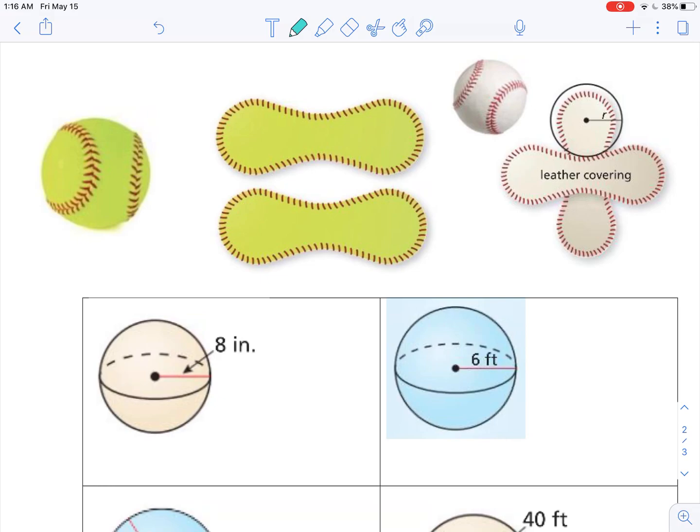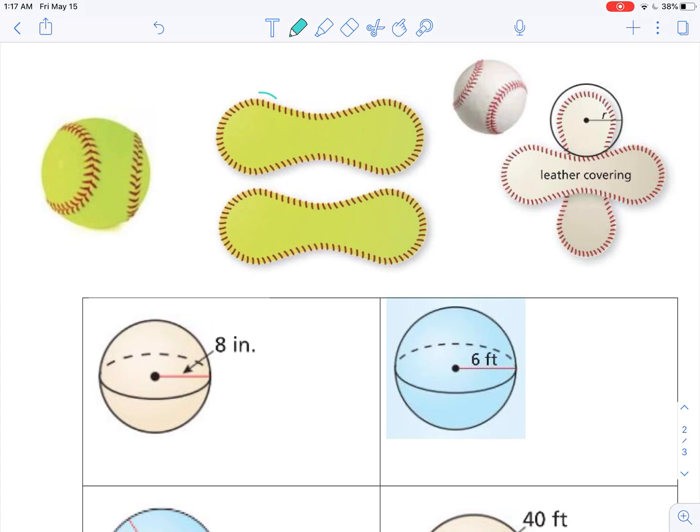If you peel off the leather cover of a baseball or a softball, you get these kind of cool shapes. They always remind me of the 2006 World Cup soccer ball. There's going to be a little bit of stretching just because of the nature of the ball.